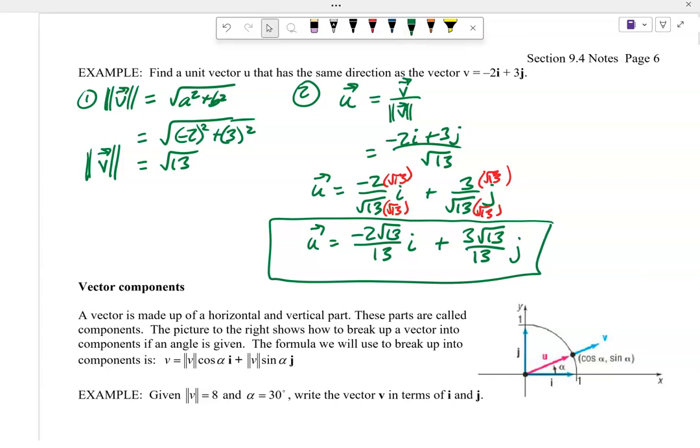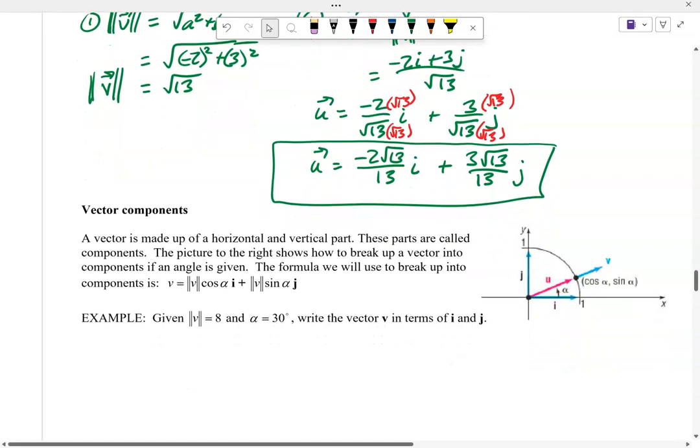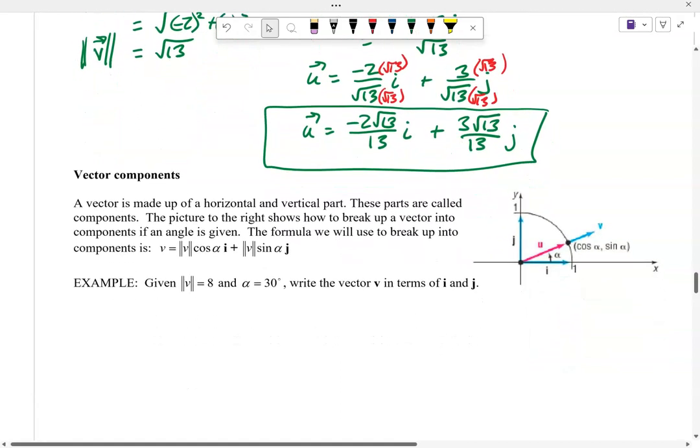All right, vector components. A vector is made up of both a horizontal and a vertical component, or part, and this picture shows how to break it up into the components. We're going to use this formula to do that.